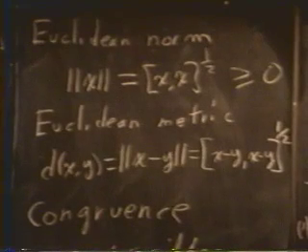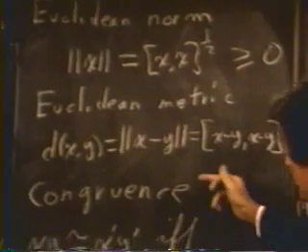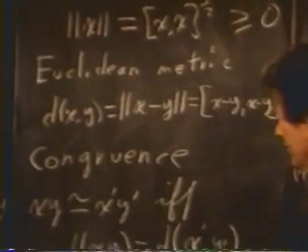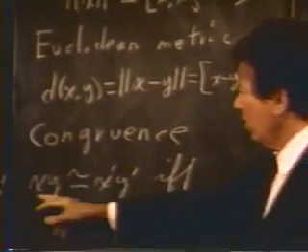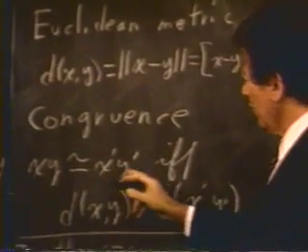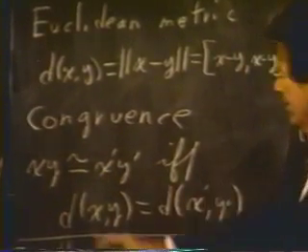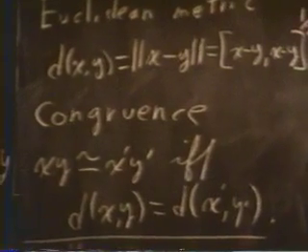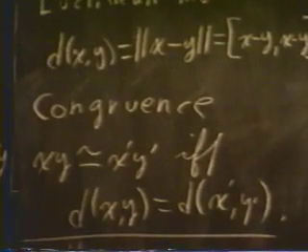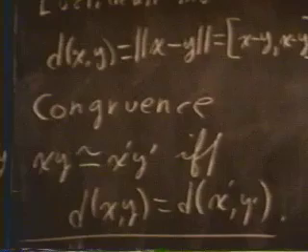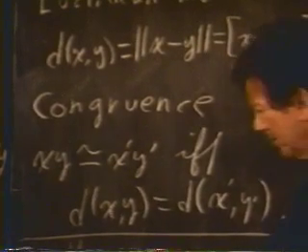We also have defined, in terms of the metric, the standard concept of congruence for line segments. xy is congruent to x prime y prime if and only if d(x,y), that is the distance between x and y, is identical to the distance between x prime and y prime.